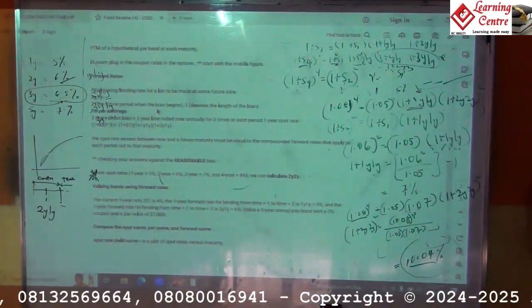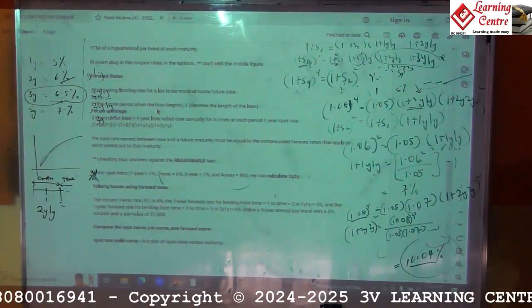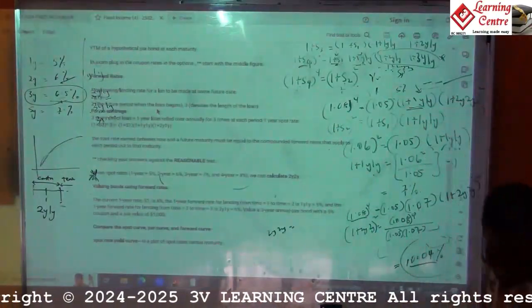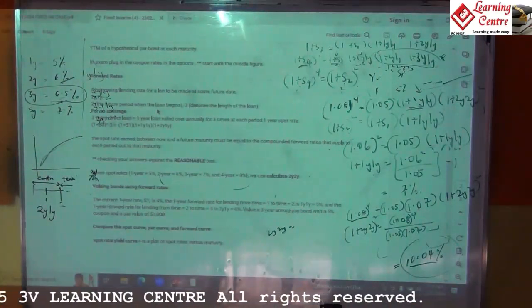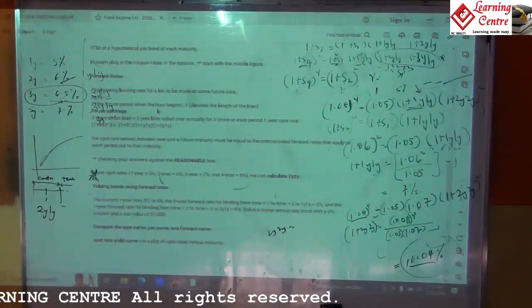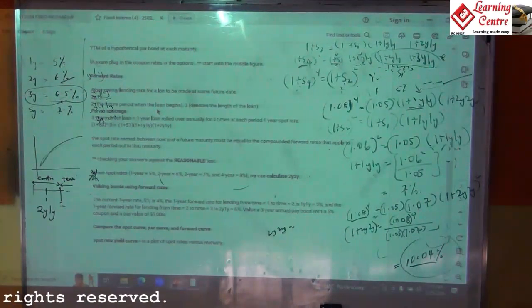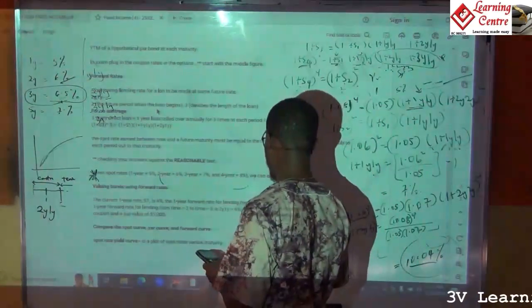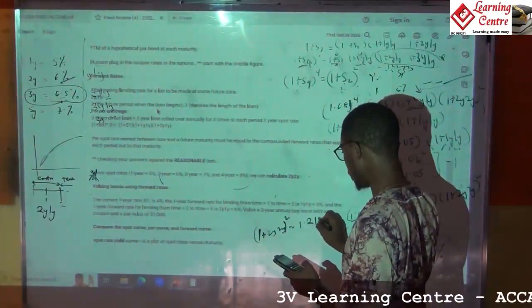What do you get? So my 1 plus 2y squared equals 1.2109.